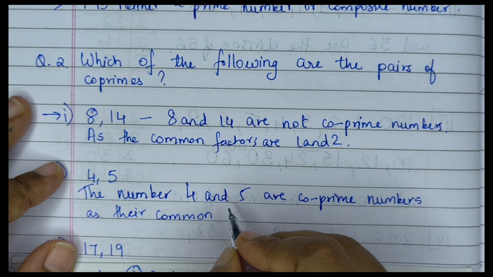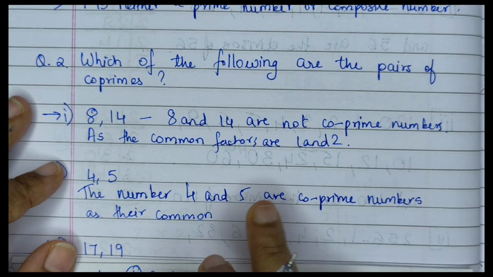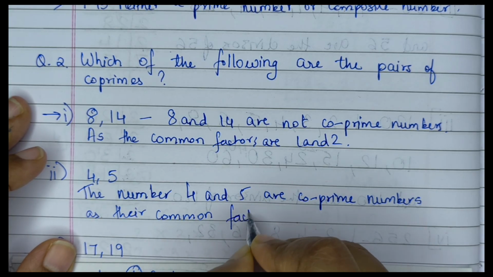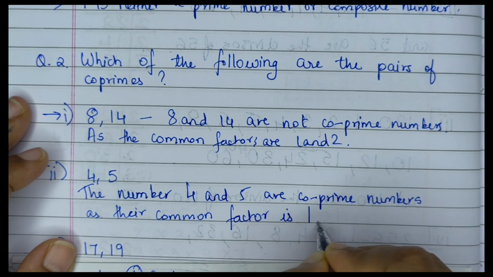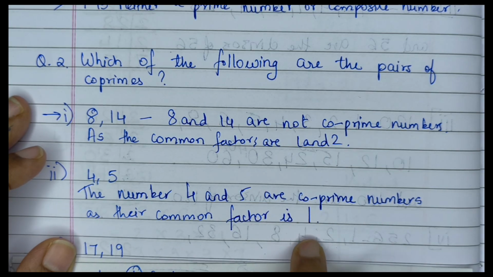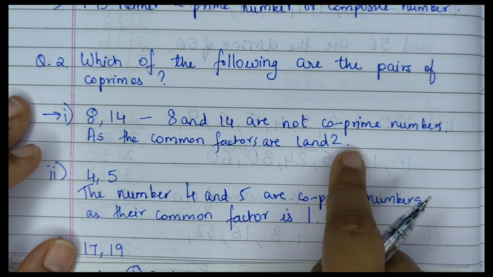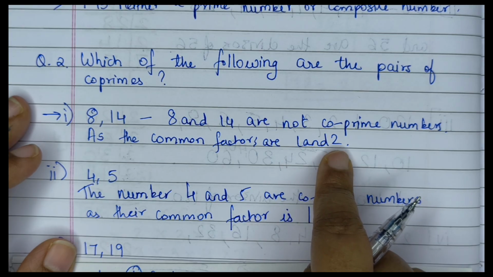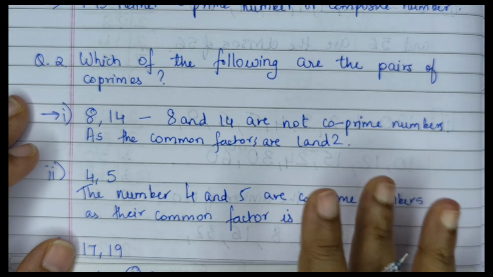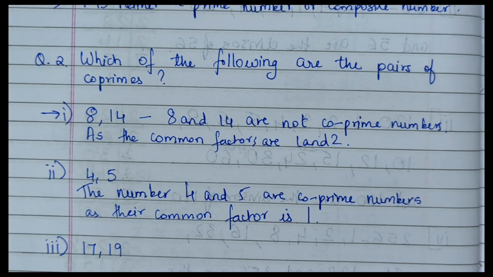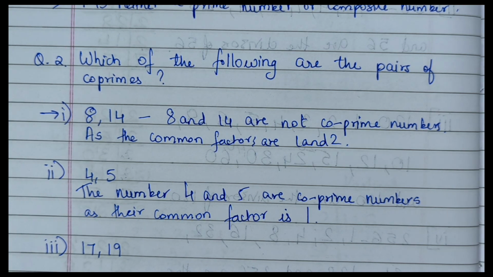Factor or divisor means the same. So when you have a common factor 1, then they are coprime. If you have more than one, two common factors, that means they are not coprime numbers. Okay, now see the next one, 17 and 19.